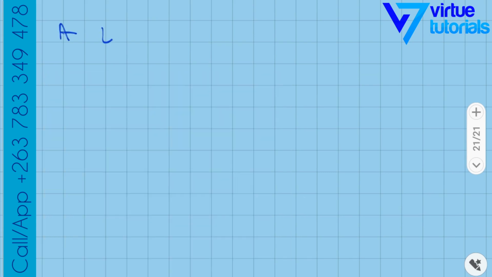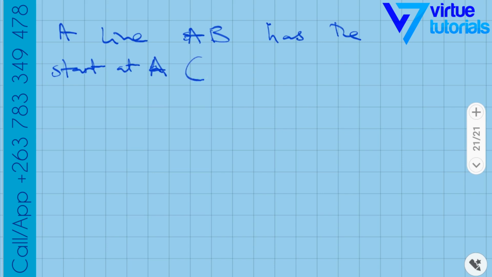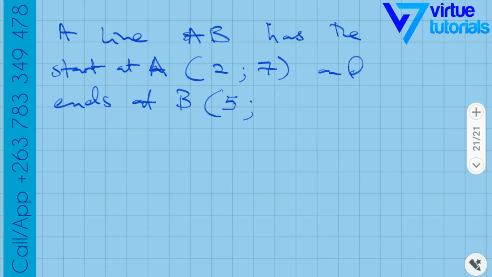A line AB starts at A, and the point A we can make it 2, 7, and ends at B, and for B we can make it 5, 11. Find the length of the line.